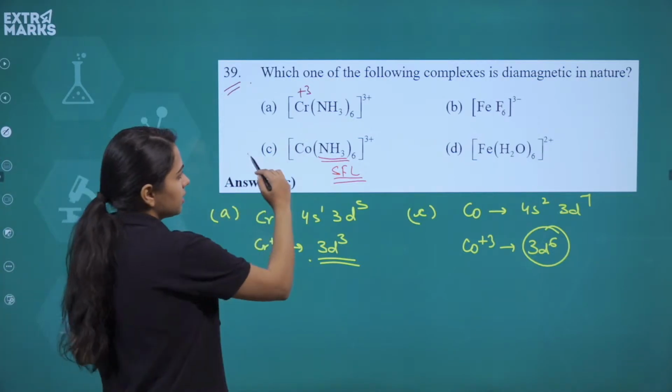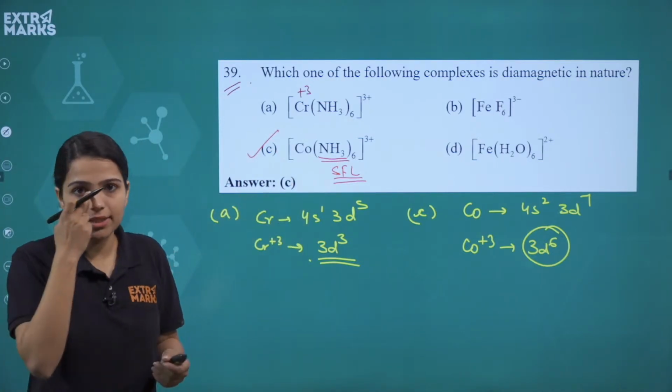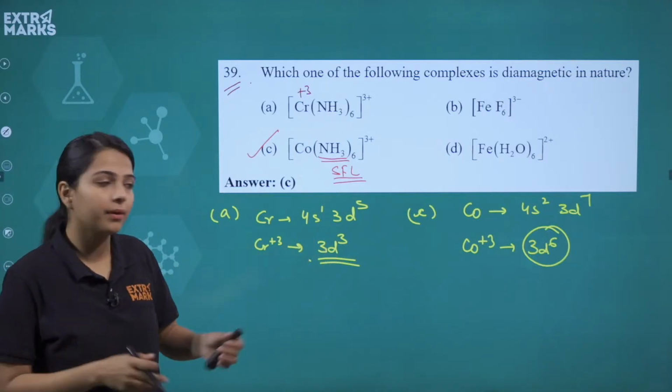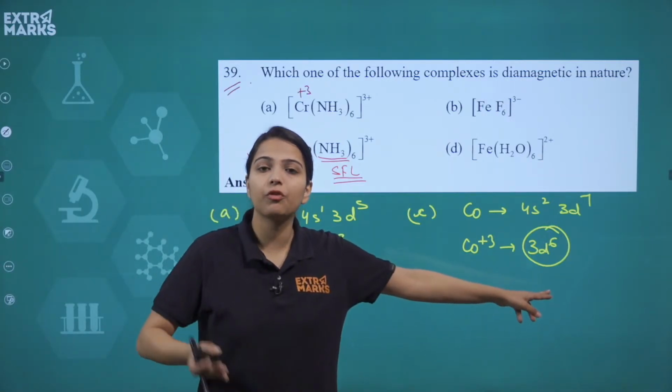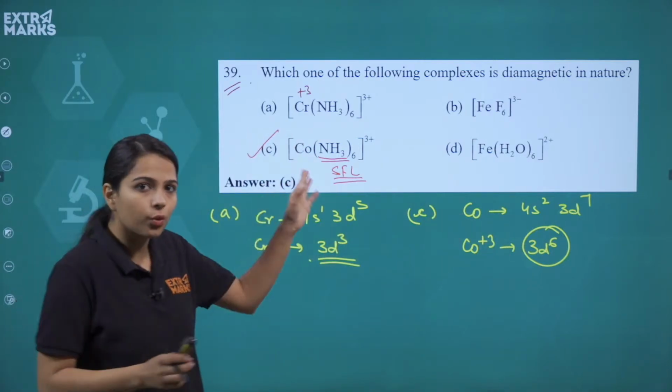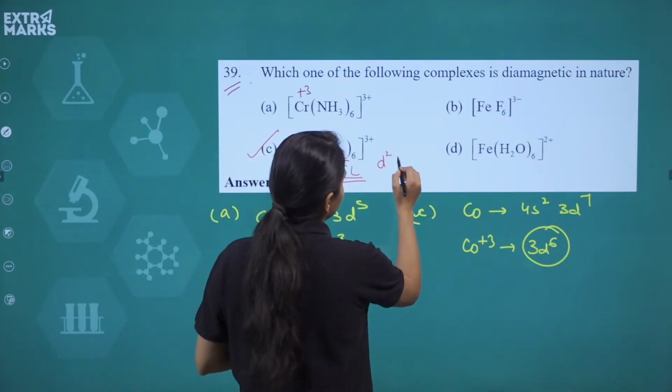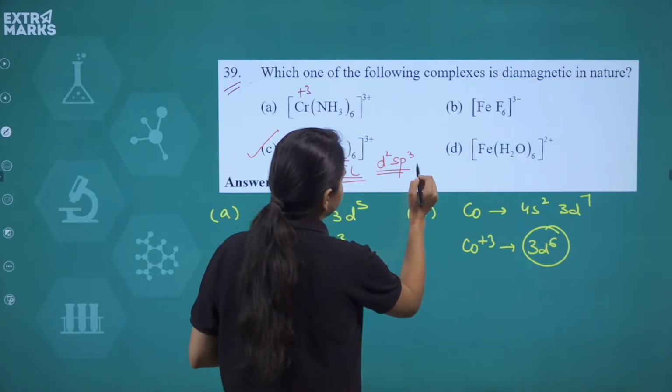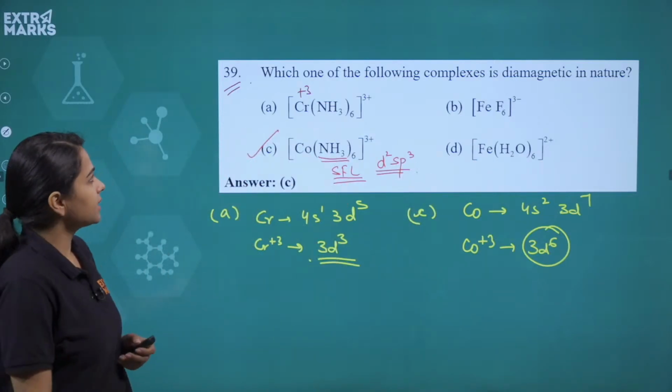What will be the hybridization over here? Because of the pairing of the electrons, this will form the inner orbital complex because the 3d orbitals will be completely vacant now. So the hybridization will become d2sp3.